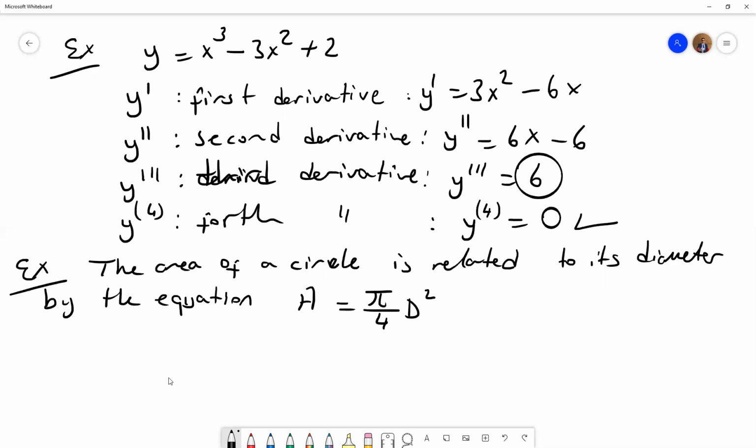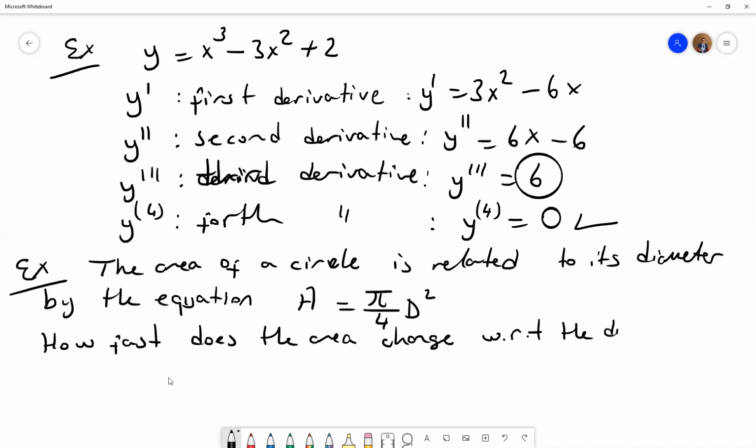D is the diameter, you know. The question is, how fast does the area change with respect to the diameter when the diameter is 10 meters?